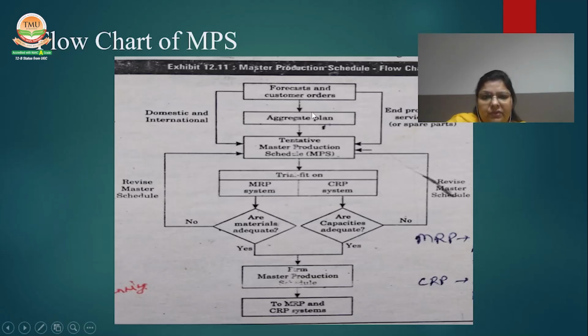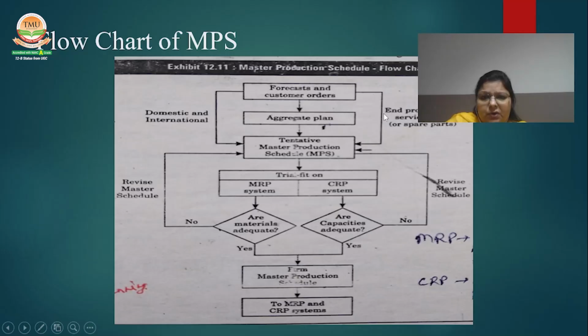That is why this is a book picturization of the master production schedule. It is divided into three categories. Number one, forecasting and customer orders. Next is the aggregate plan. Next is the tentative master production schedule. This is only a tentative model which you are going to make.